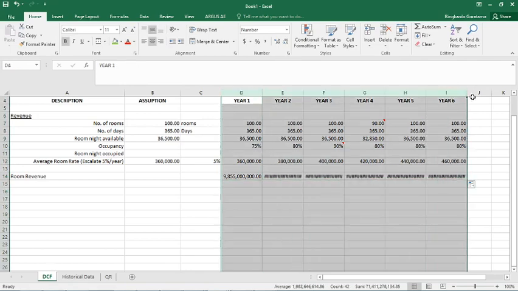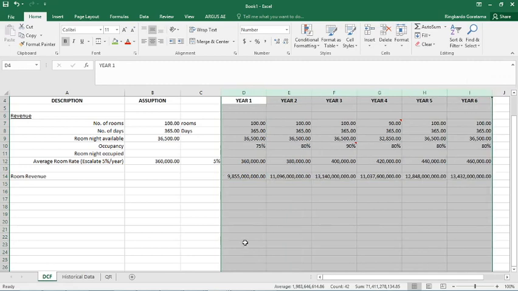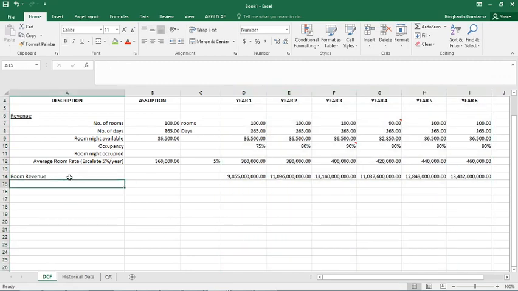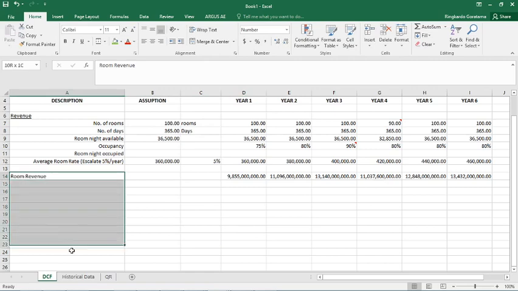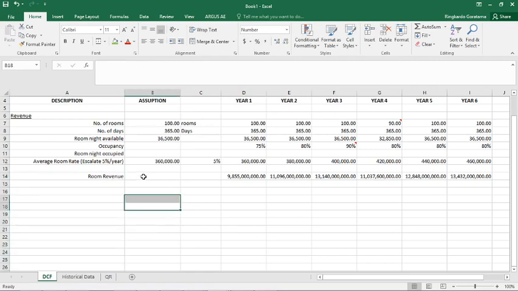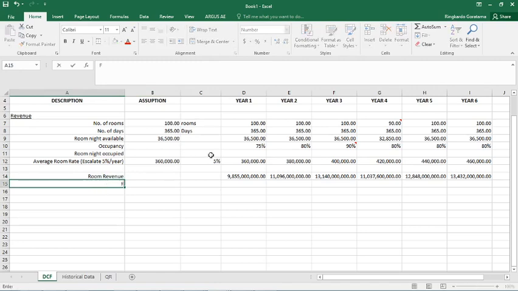Okay. Right? Let's say we put it on the right side, and we calculate the F&B, the other operated departments, and also other revenue.